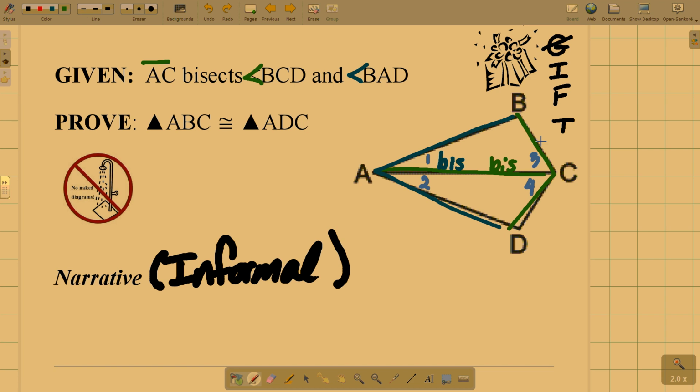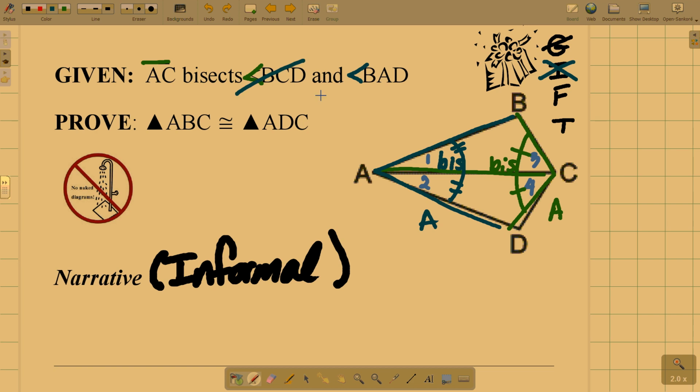Implied by the given, it is implied that 3 and 4 are congruent because of the bisector. That gives me a pair of angles. And right here, 1 and 2 are congruent because of the bisector. That gives me another pair of angles.